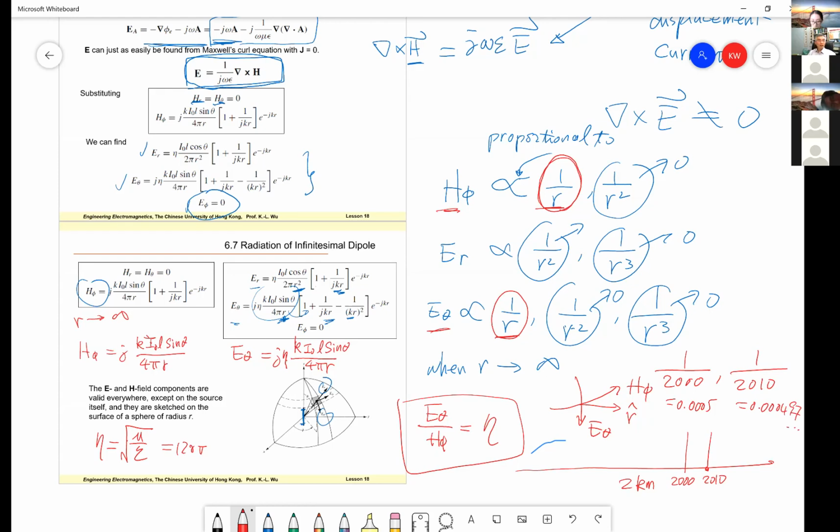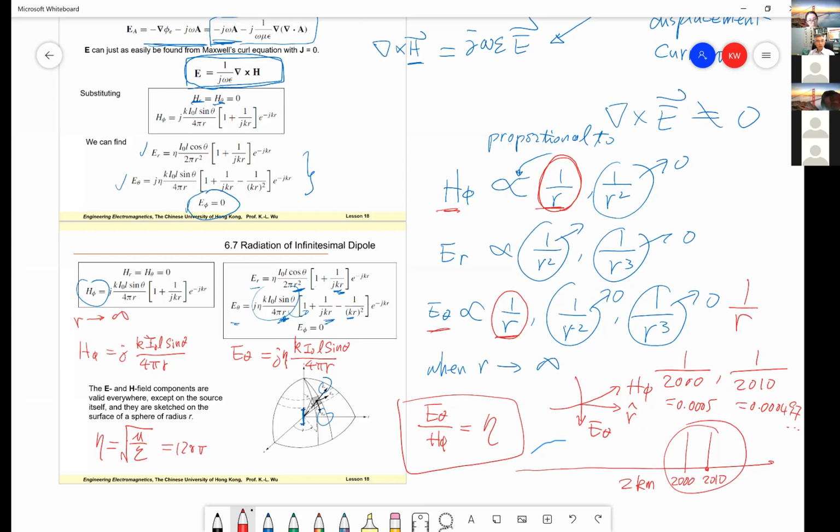Do you see any difference? No difference. So we don't need to consider the 1 over R distance dependence in this region.